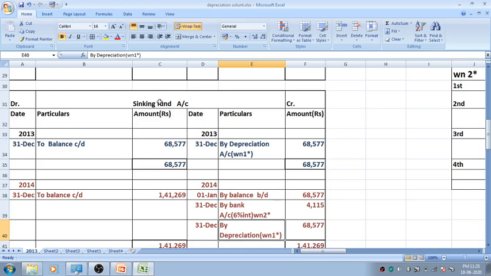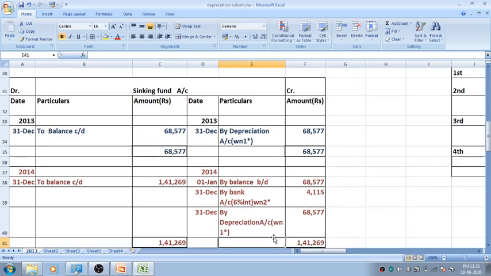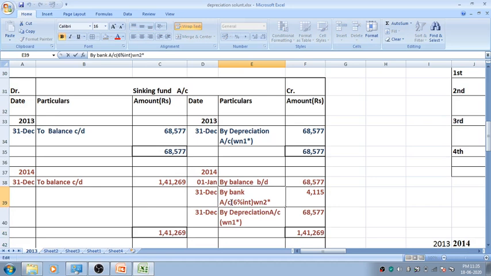Then we will write depreciation fund account. In the same sinking fund account, we are going to record how much is the depreciation. So by depreciation account, it's 4,115 interest and 68,577.